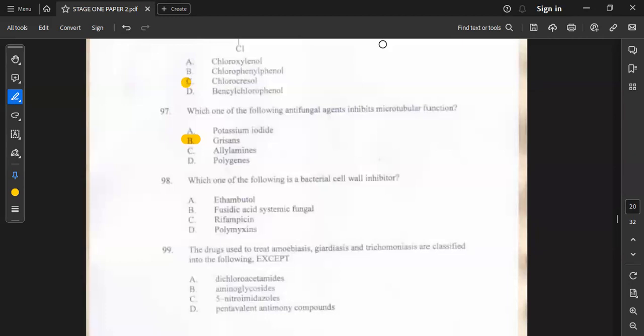The mechanism of thrombophlebitis is due to the release of cytokines like IL-1 and TNF alpha. It also has nephrotoxicity, which is common with long-term administration, and the nephrotoxicity is dose-related.